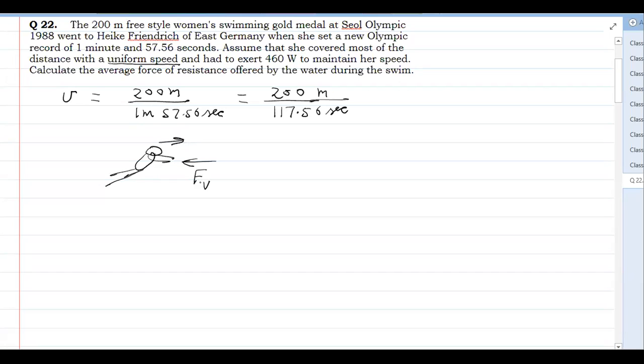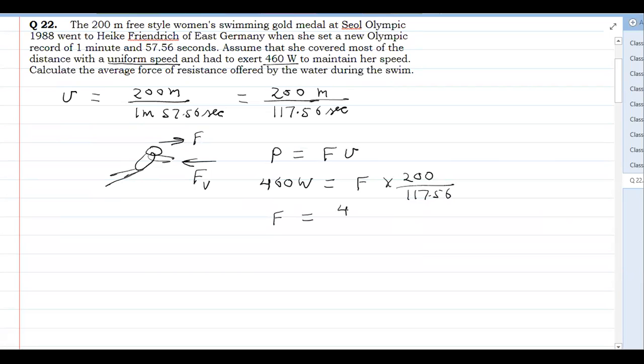Okay, so the power is given. The power is 460 watts. Power is force into velocity. We have calculated the velocity, and power is given. So the force by the person can be calculated.